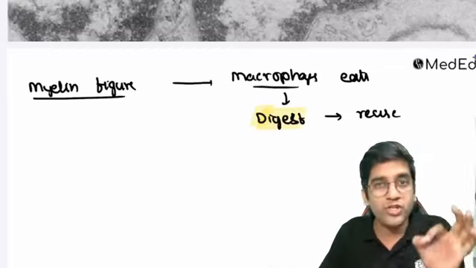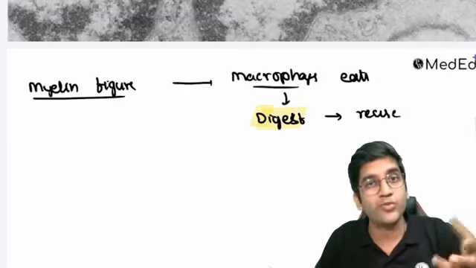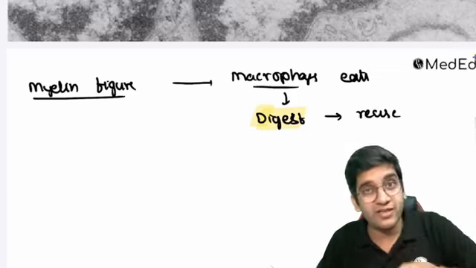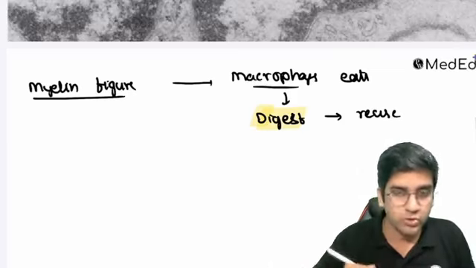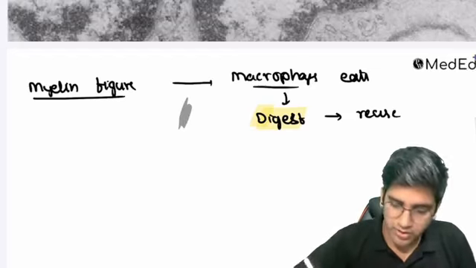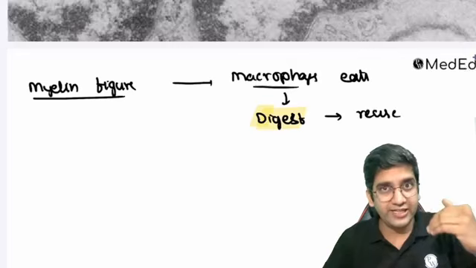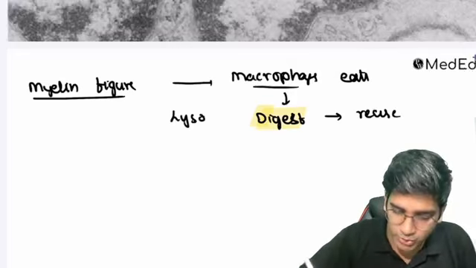Which organelle helps in the digestion of fat, which organelle has lipases, which organelle inside my cell has enzymes capable of destroying other things? Can I call them lysosomes? Yes, perfect. So whatever the macrophage is eating, the digestion happens inside with the help of lysosomes.